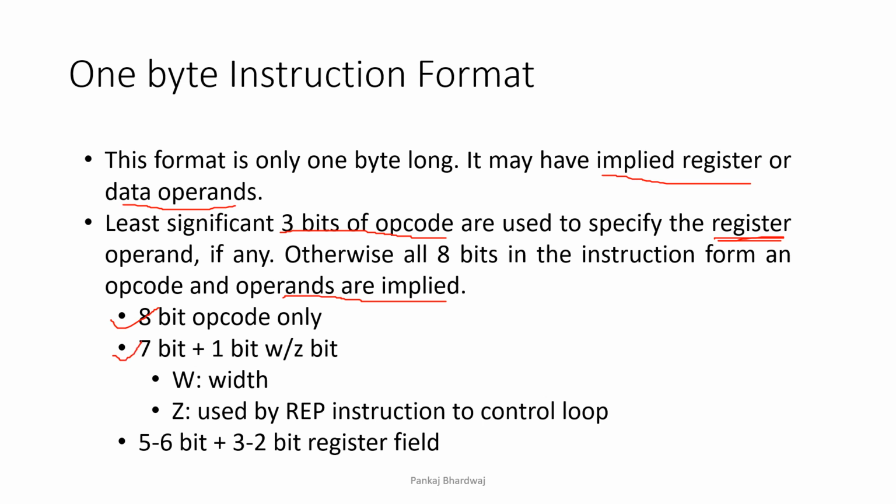The third category is a 5 to 6 bit opcode and a 3 to 2 bit register field. So if we consider 5 bits as an opcode, then we'll have 3 bits to define the register field, or if we have 6 bits to represent an opcode, then we will use 2 bits as a register field.